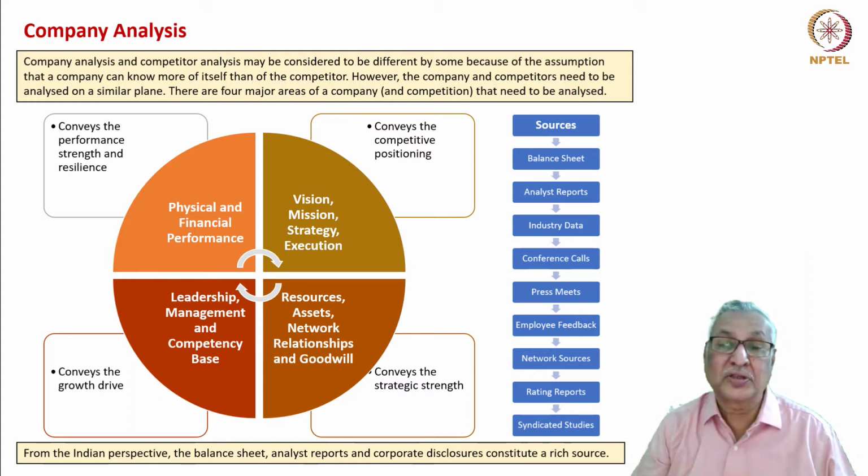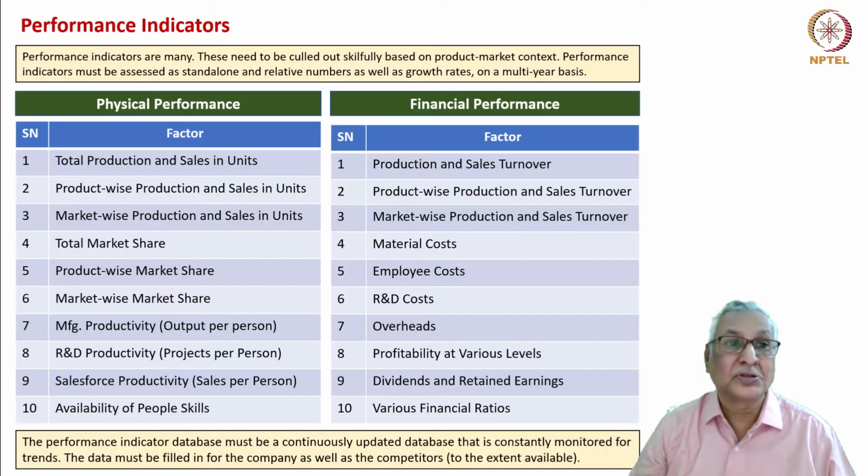The sources for this level of information need to be many: balance sheet, analyst reports, industry data, conference calls, press meets, employee feedback, network sources, rating reports, and syndicated studies must be utilized to get this kind of strong, deep, and robust information.